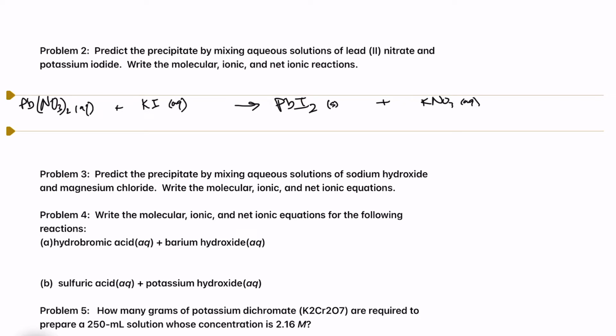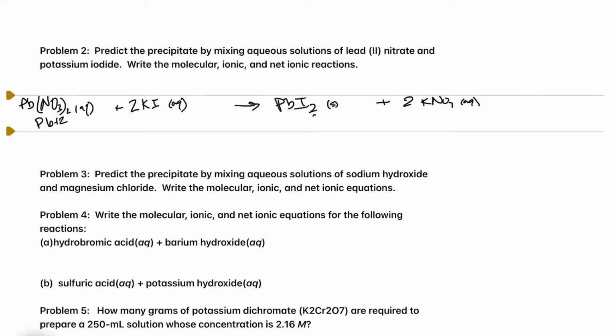And while generally iodide is pretty soluble, when mixed with lead(II), it is not. So we balanced our equation here. We have our molecular equation ready and available.